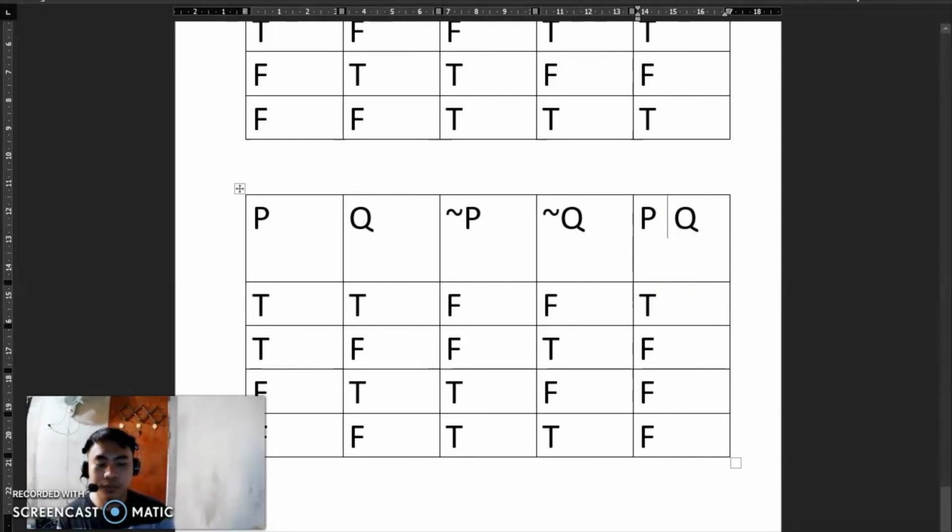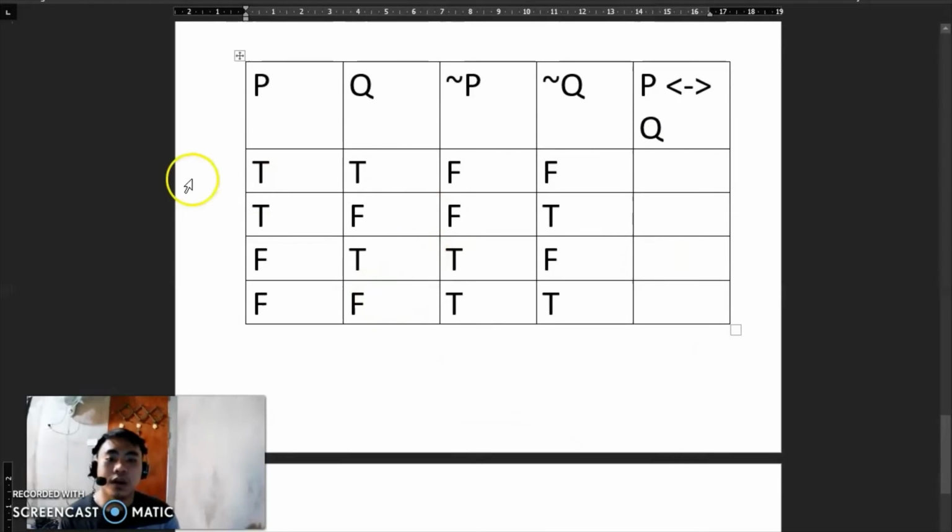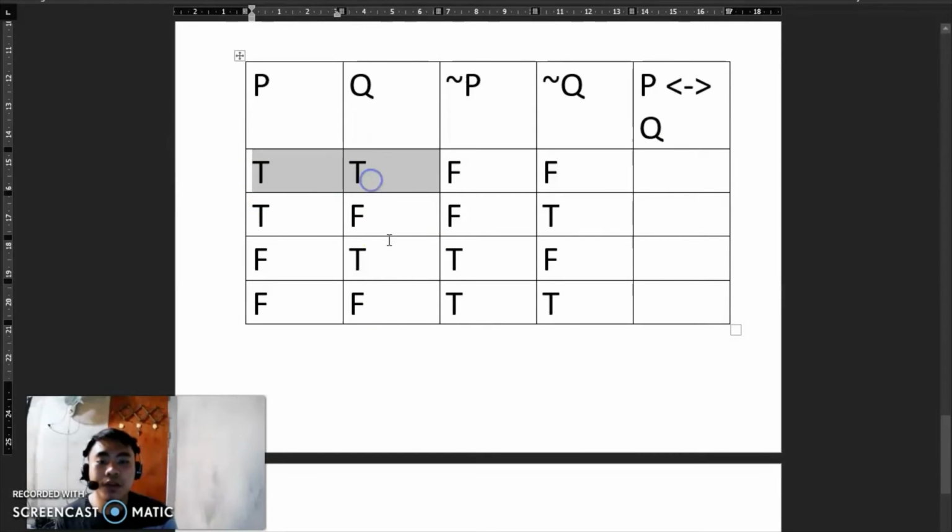Kunwari ay arrow. Yan. If and only if. Saka lang daw tayo makakakuha ng elements na true kapag parehas silang true. Okay? So, at this point, pag pinag-compare natin silang dalawa, parehas silang true. Ang elements nito ay true.